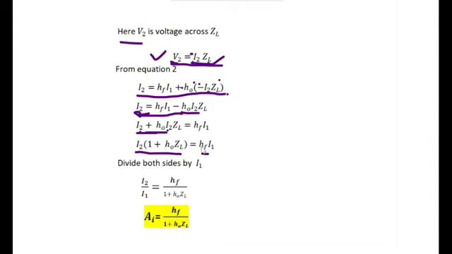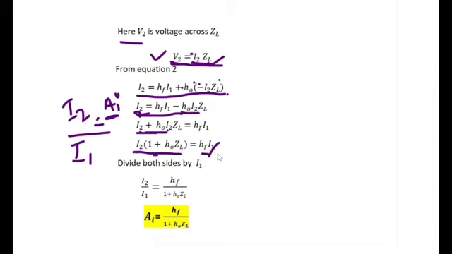Here we divide I2 with I1 to get AI, that is, the current gain. So we are dividing by I1 on both sides.